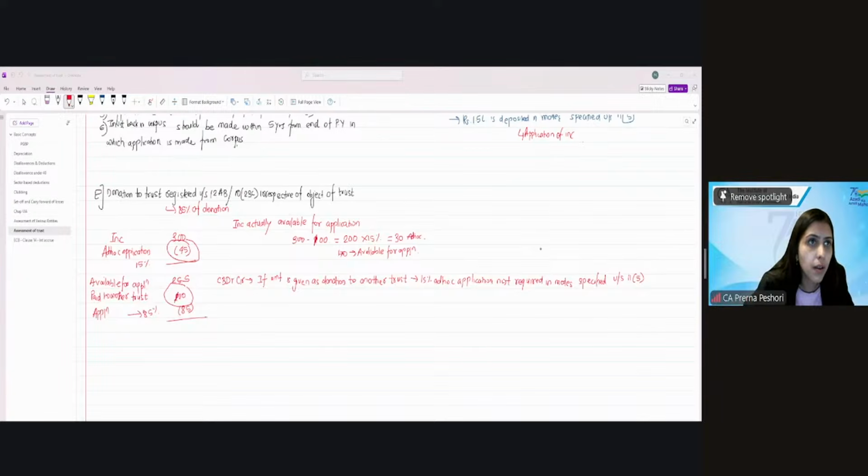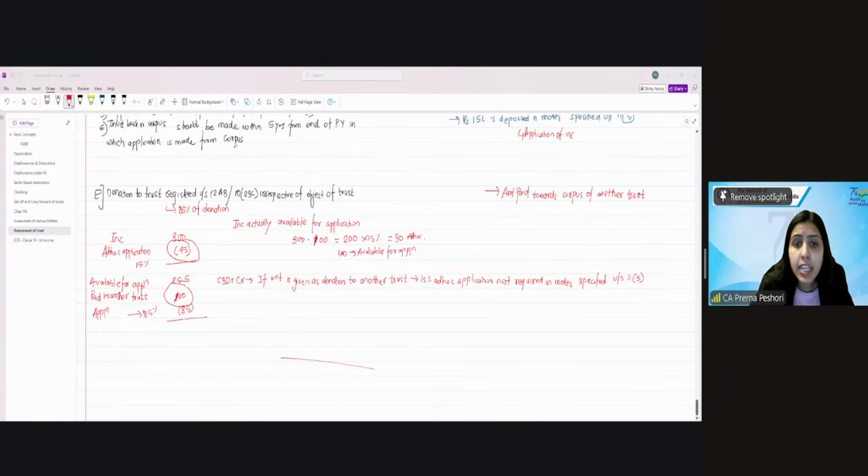So any amount paid towards the corpus of another trust is not considered as application.